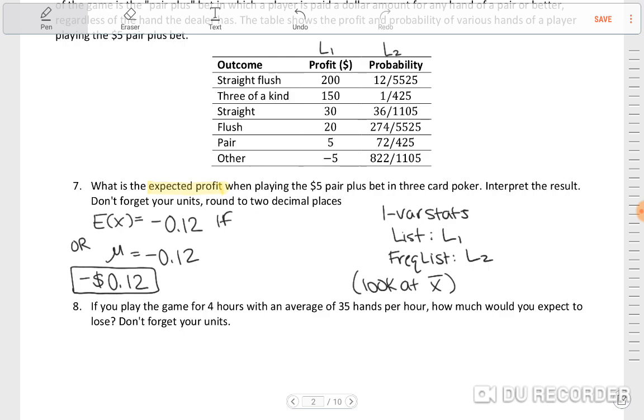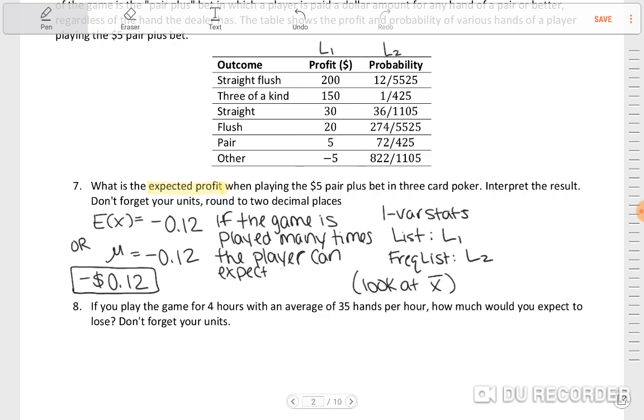So if the game, I don't think I'm having enough room for this, is played many times, the player can expect to lose 12 cents per game. Okay, gonna have to come over here. In the long run.